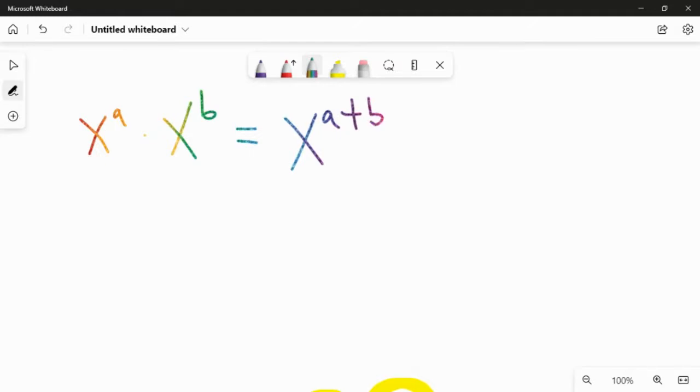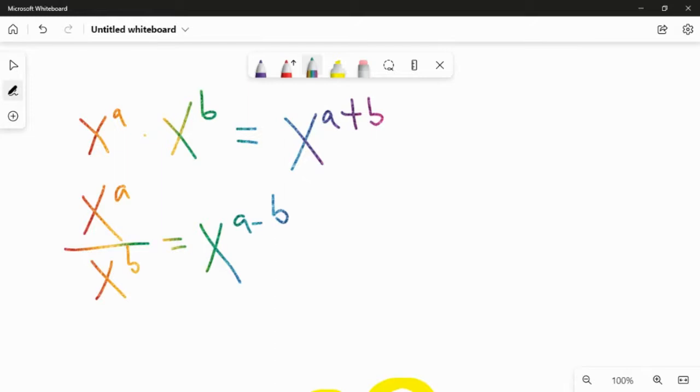And x to the a over x to the b is x to the a minus b. So in other words, when the base is the same, the exponents can be added and subtracted when these two quantities are multiplied or divided.